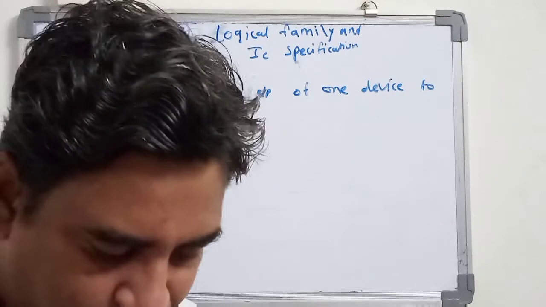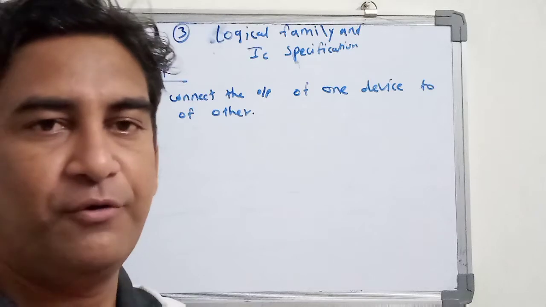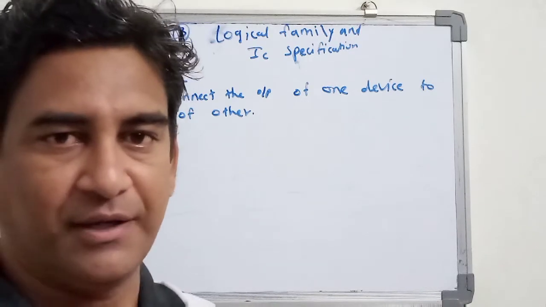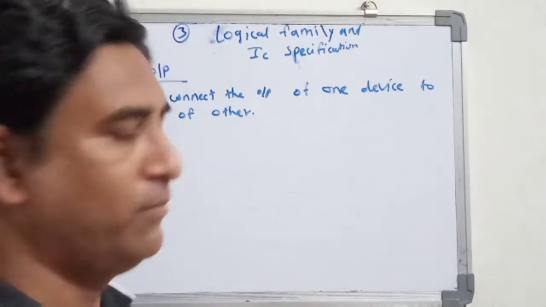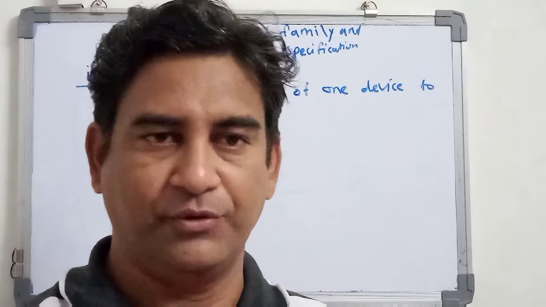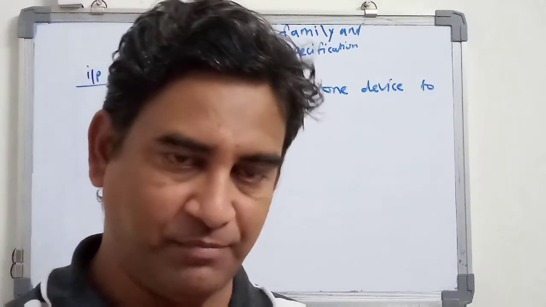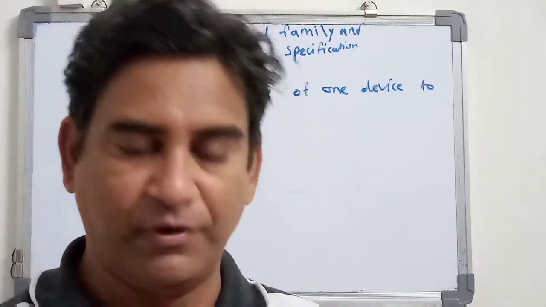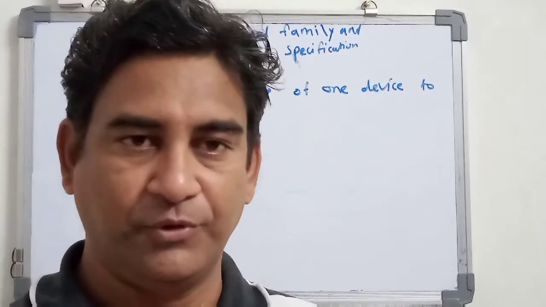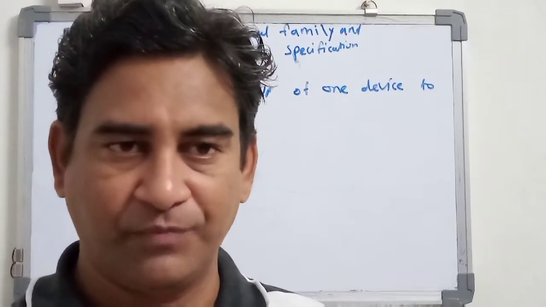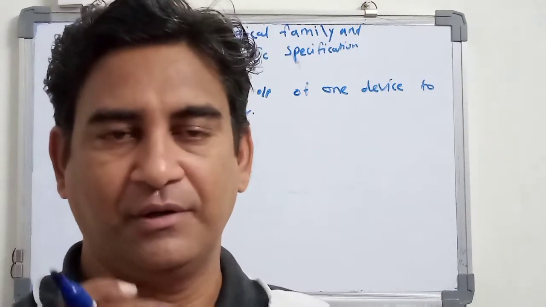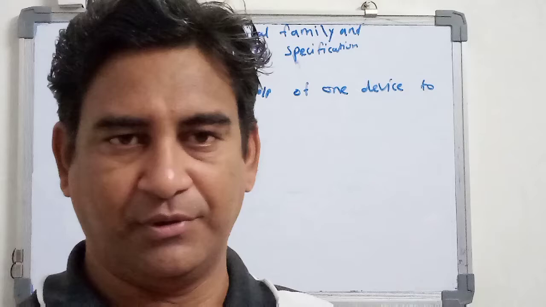Now there are different groups of compatible ICs. In a particular compatible IC, you have different types of levels, various supplies, and you use it to perform various logical functions. That IC is nothing but one single chip.